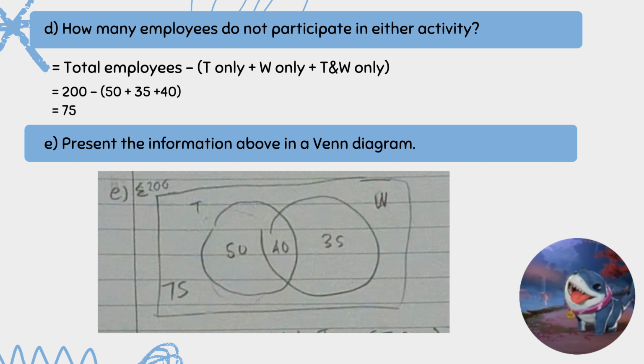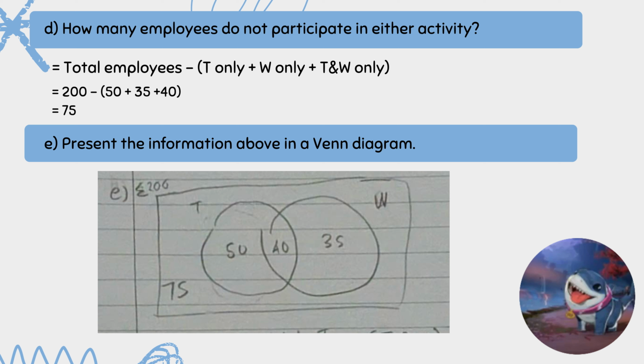We started with the total number of employees, which is 200, and subtracted those who are only in team building, 50, only in workshop, 35, and those involved in both, 40.